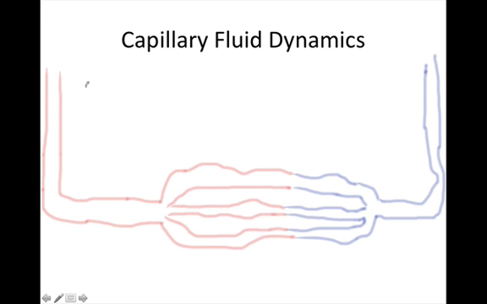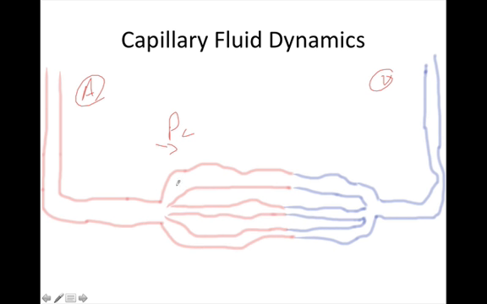So again, remember arterial end, venous end. The plasma colloid osmotic pressure is much higher on the arterial end. Remember, the blood pressure is higher because on the arterial end we're closer to the heart.